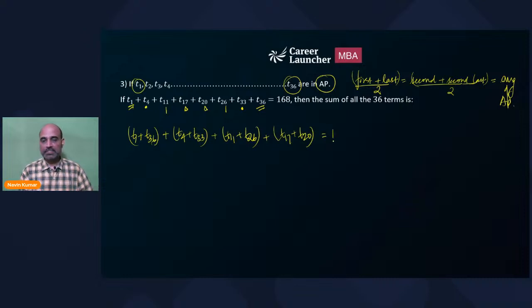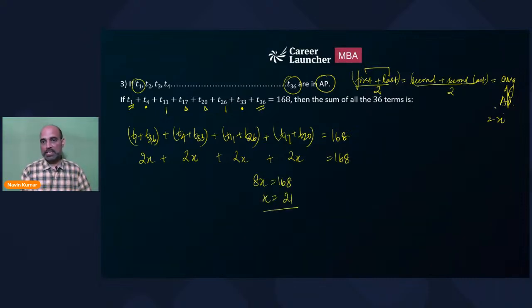And this is given as 168. Now, if I say the average of the AP is X, can we say the sum of first plus last is 2X? The fourth term and the fourth from the other end is also 2X. So each one is going to be equal to 2X. And that results in 168. 8X equals 168, so X equals 21.